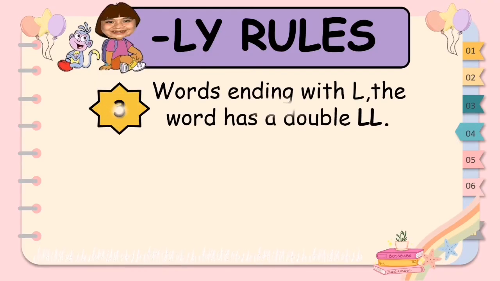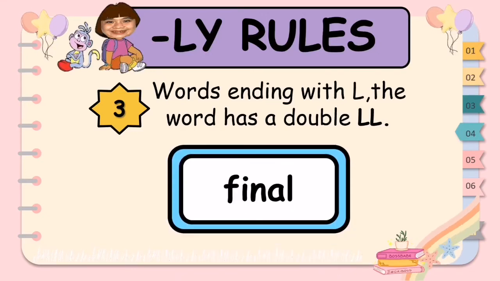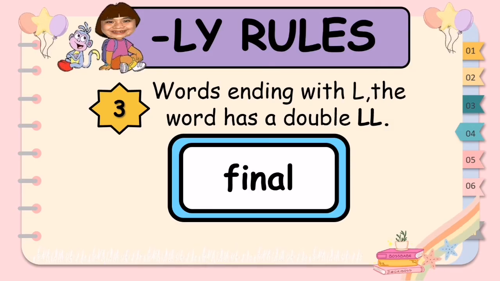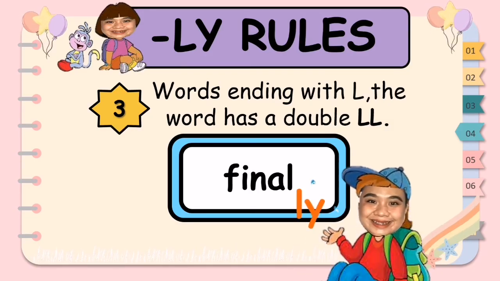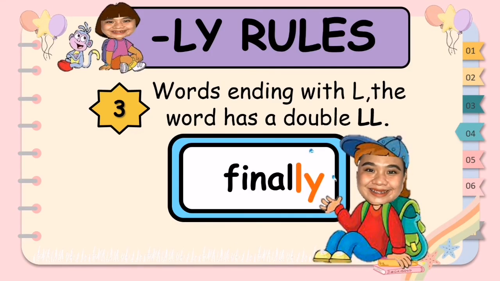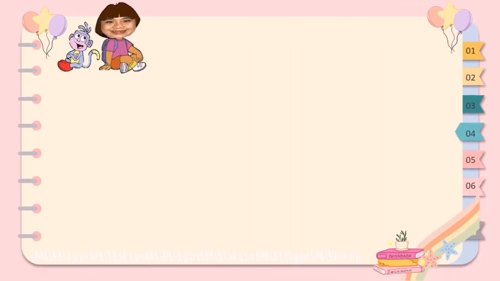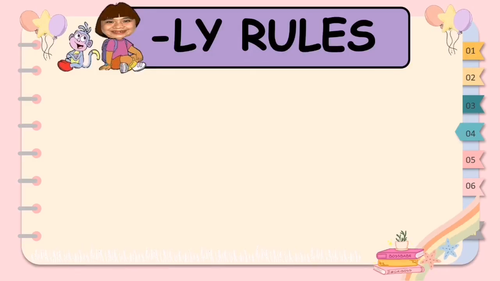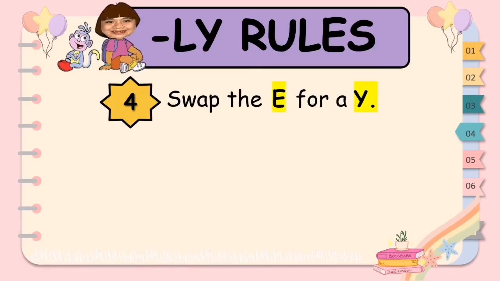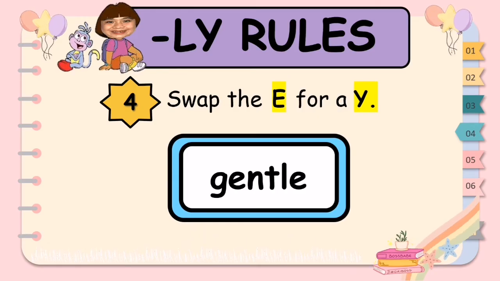Another rule is for words ending with l, the word has a double ll. Like final, just add ly so it becomes finally. And the last rule is to swap the e for a y.